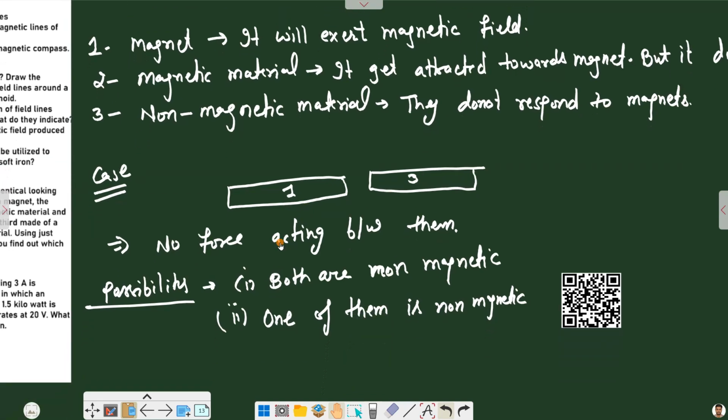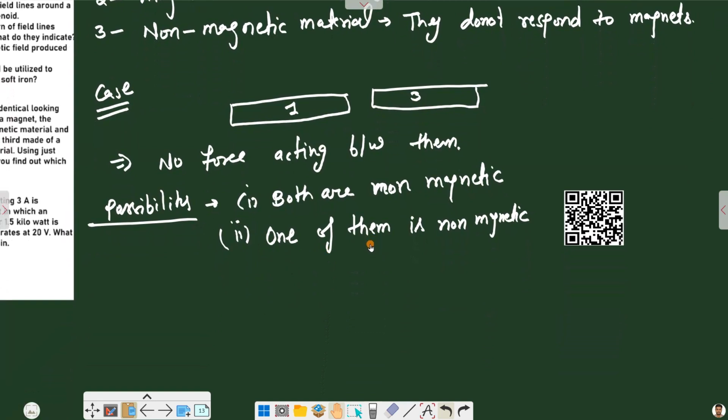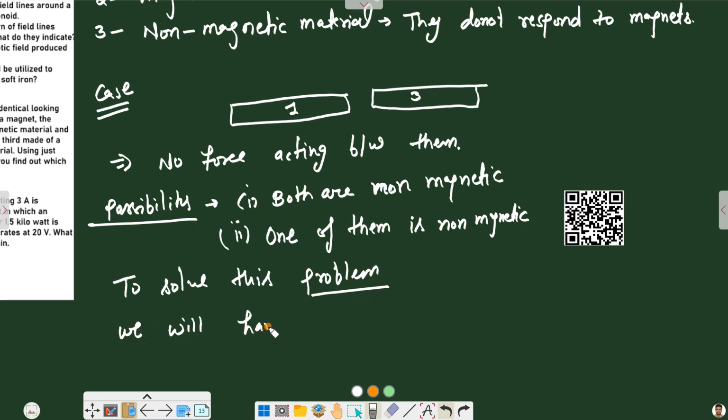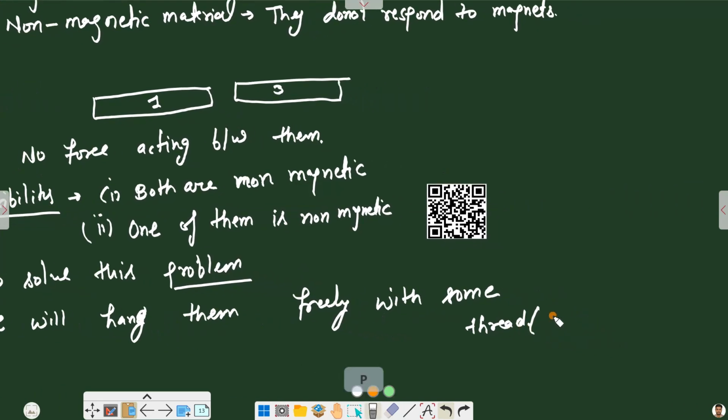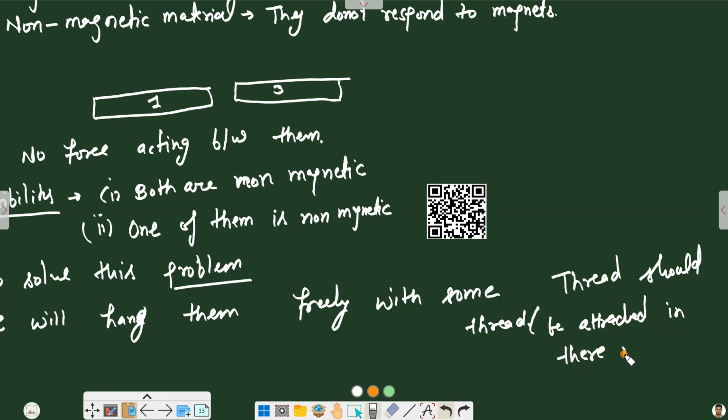To find which one is non-magnetic and which one is magnetic, to solve this problem, we will hang them freely with some thread, and the thread should be attached at their middle point, something like this.